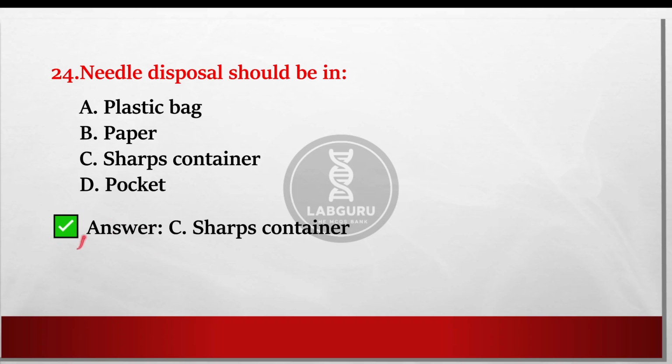A sharp container means a puncture-proof container in which, if we put the needles and sharp things, it will not be punctured or torn. It prevents needle stick injury. Why are we using this container? Because it prevents needle stick injury.